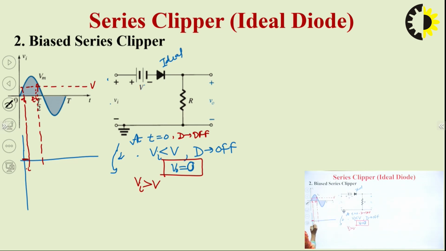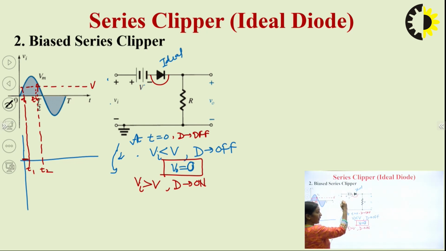So during time T1 to T2, Vi is greater than V volt. So diode will be forward bias. Diode is on, and if your diode is on, then it will be short circuit.